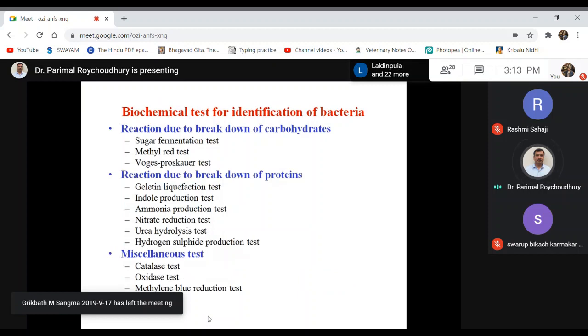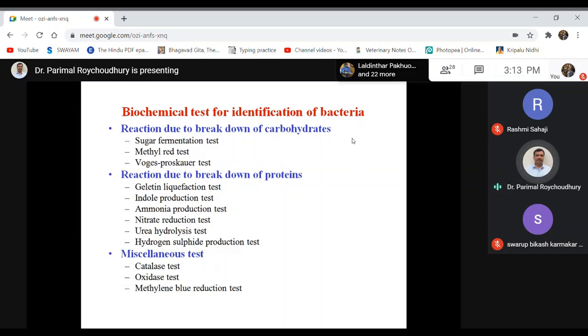But if you want to identify the species of bacteria, it is not possible on the basis of cultural characteristics and staining reaction. You cannot identify. For example, within Staphylococcus we have different types of species. Pasteurella also has different types of species.